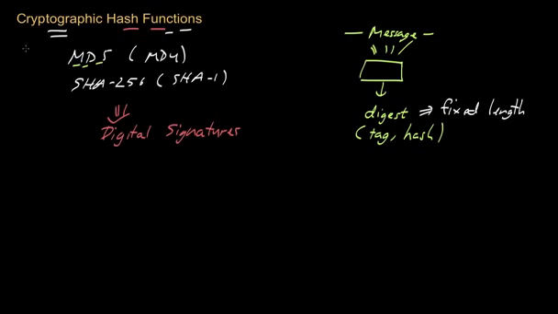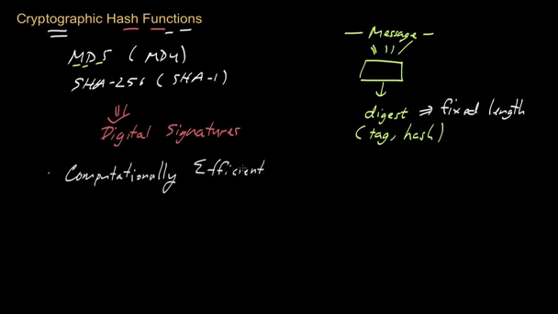So first and foremost, describing some of these properties, and this almost goes without saying, one of the first properties you want of a cryptographic hash function is that it should be computationally efficient. By that I mean that it shouldn't take a lot of time to compute the output from a given input.